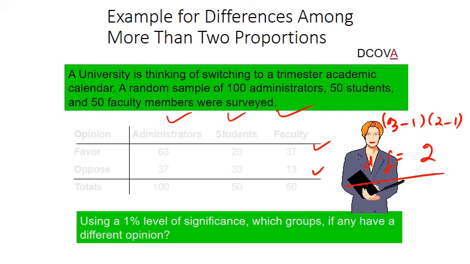That is the only difference, otherwise the rest of the things are the same. For example, to calculate the expected frequency for this cell, the sum of this column is 100, times the sum of this row, divided by the grand total. So I will get this expected frequency.